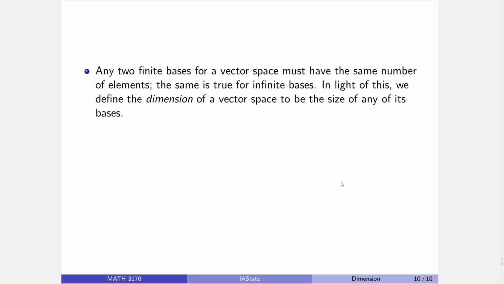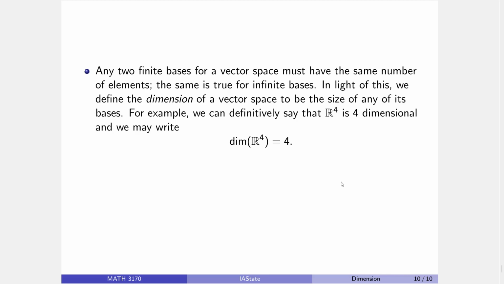Anyway, so this allows us to define the dimension of a vector space to be the size of any of its bases. So in the finite case, that's literally just counting how many you have. For infinite and beyond, then it's cardinality. So if you've got countable or uncountable, and then the various stuff involved there. So we can definitively say that R4 is four-dimensional.